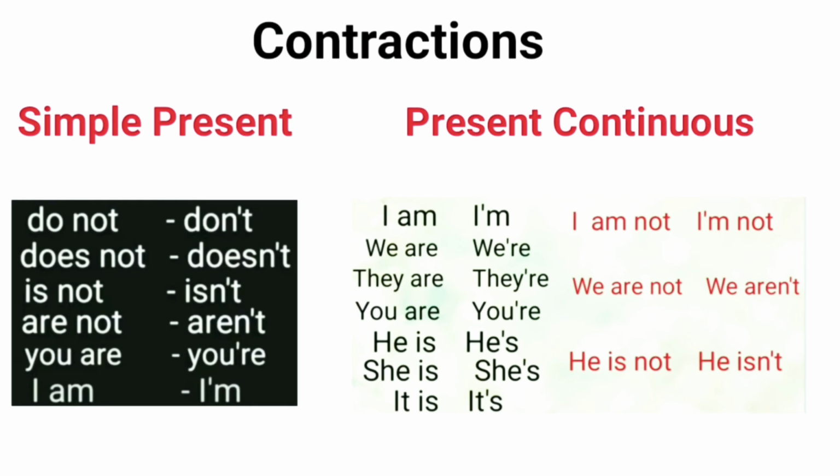Contractions in positive sentences are I'm, we're, they're, he's, it's, and in negative sentences are I'm not, we aren't, he isn't, she isn't, and so on.